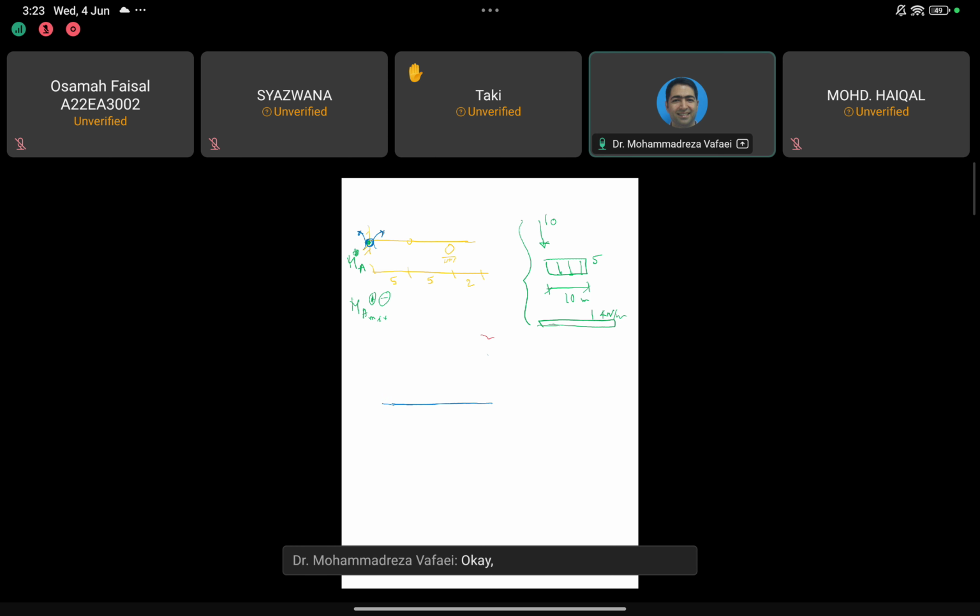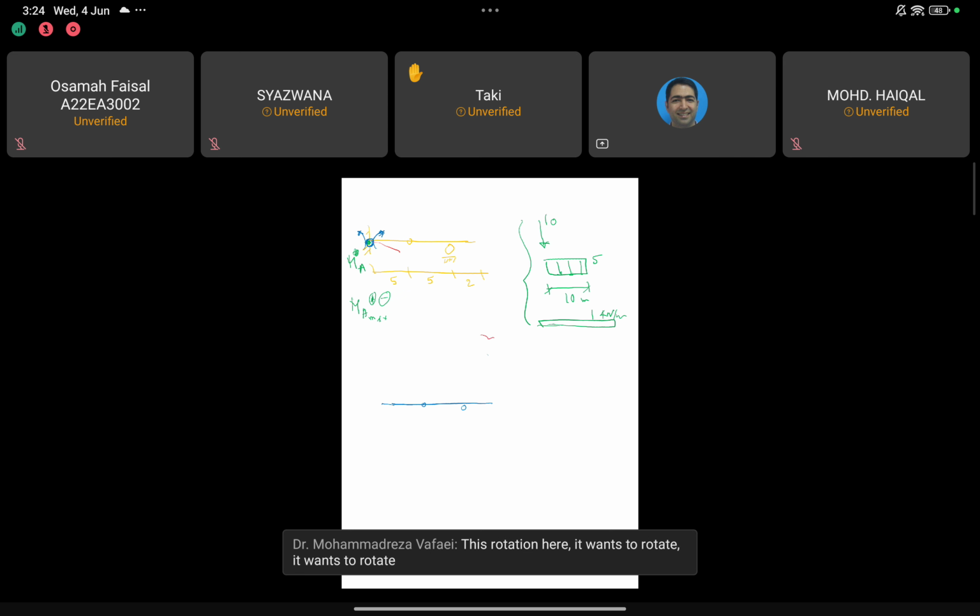Okay, this is the beam, and this is our internal hinge. If you look carefully, when you apply this rotation, the left side is a support and nothing is there, so we need to focus on the right side. The moment that you apply this rotation here, it wants to rotate the beam to go down, and it can go down only if this hinge allows it.